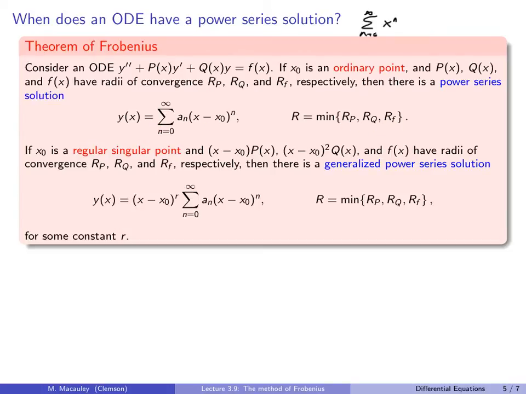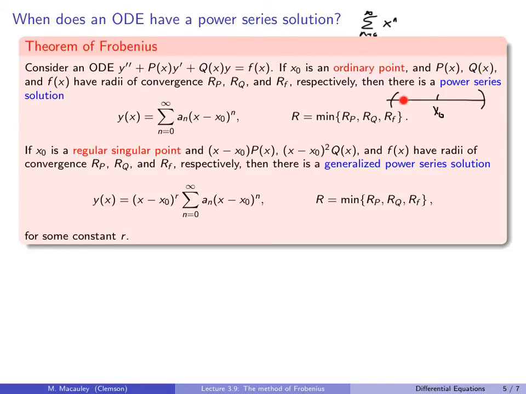So again, think of it like this. So let's suppose that P maybe exists in the whole real line. So in other words, our radius for P is infinity. Maybe Q has radius of convergence RQ.